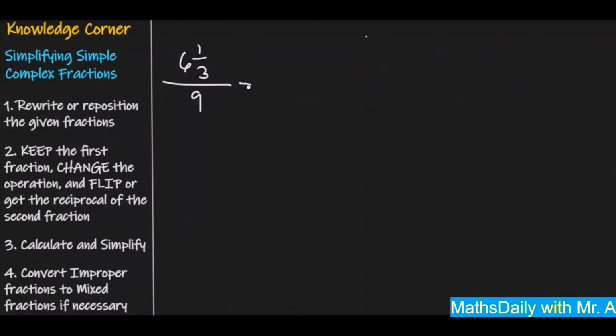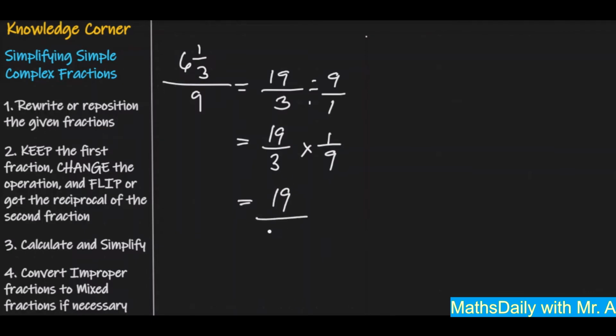This is equal to 19 over 3 divided by 9 over 1. This is equal to 19/3 times 1/9. Let's calculate. 19 times 1 is 19. 3 times 9 is 27. This is the final answer.